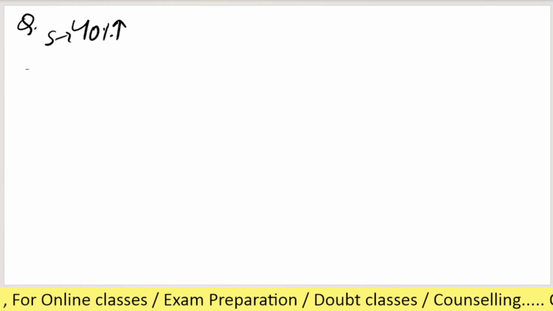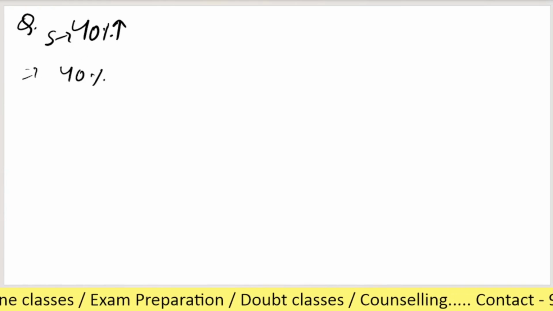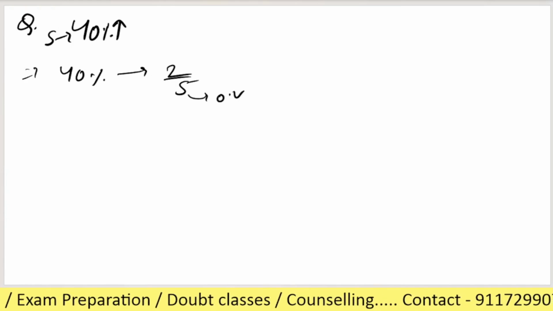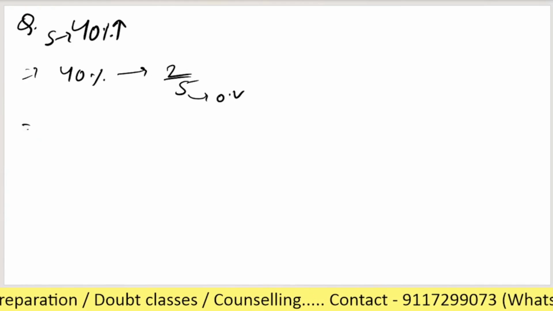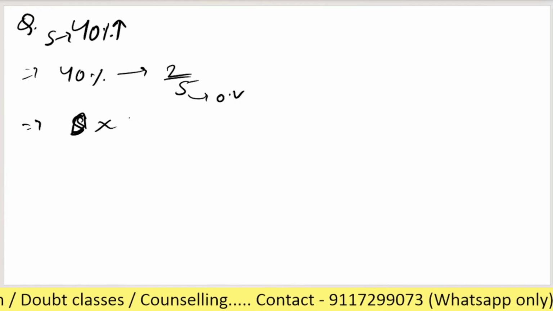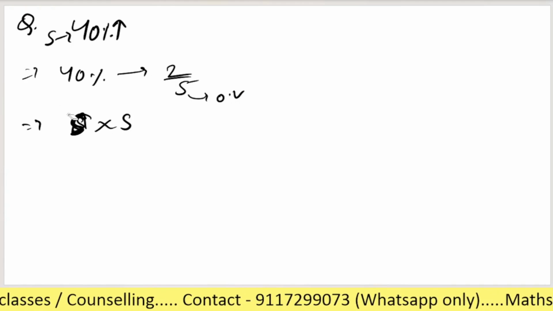So here it says 40% increase, right? 40% means 2 by 5. 5 is the original value and 2 is the increment value. To find the area of a square, we know it is side into side, right?